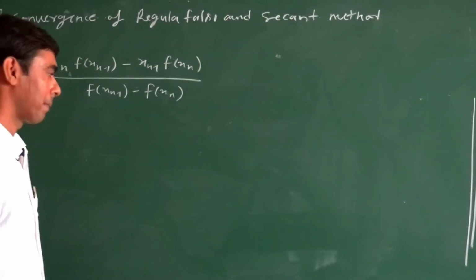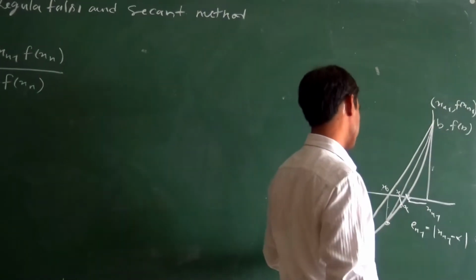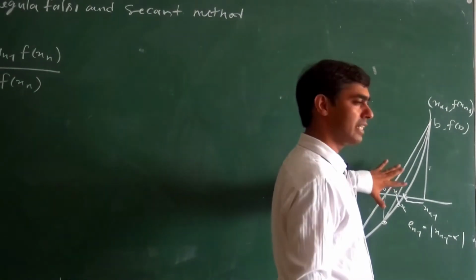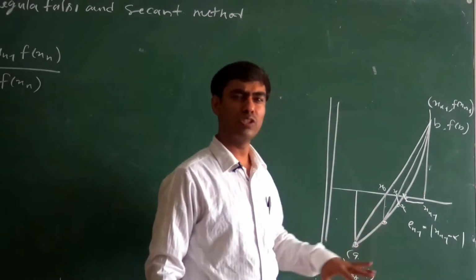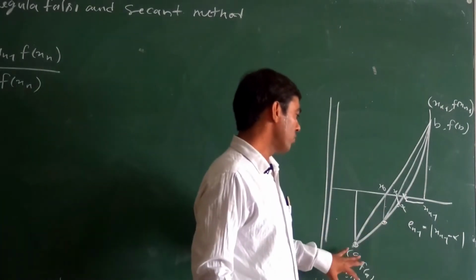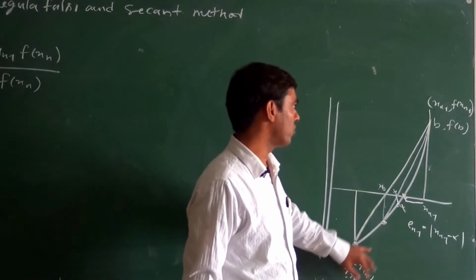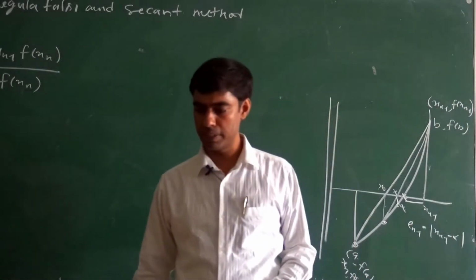So what will happen in the secant method? Both ends will vary. The secant method is an iterative method, so there is no need to check in each iteration that at one value the function is positive and at another value the function is negative.